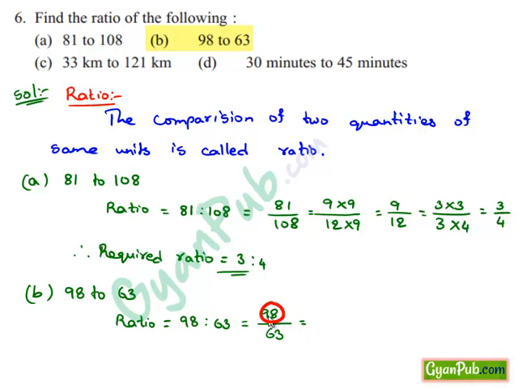This can be written as 98 is 14 times 7 and 63 is 9 times 7. This is equal to 14 upon 9, since 7 in the numerator and 7 in the denominator get cancelled. Therefore, required ratio is equal to 14 is to 9.